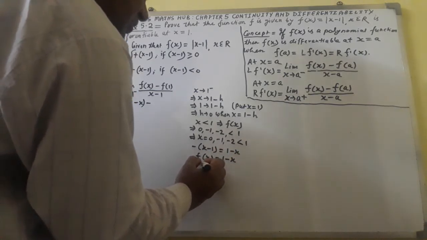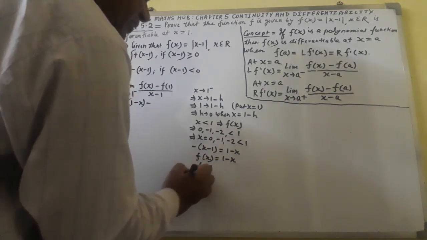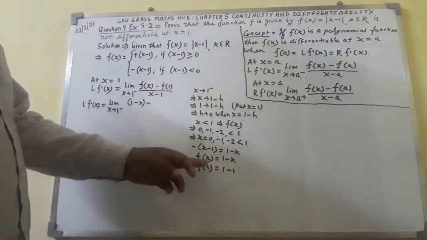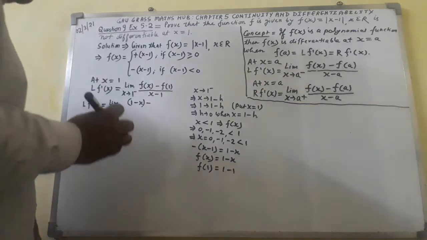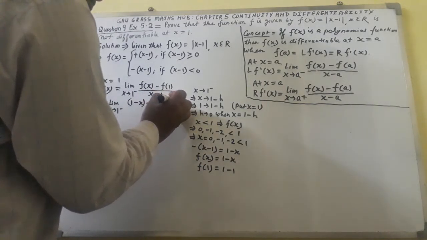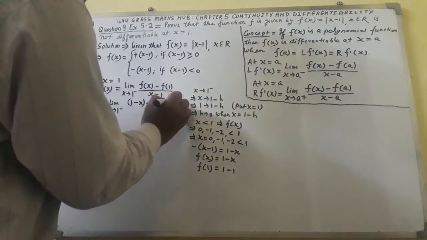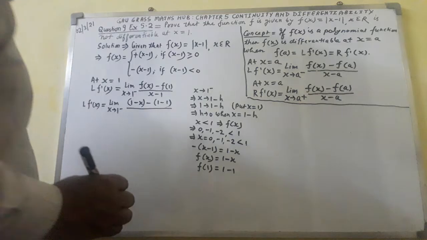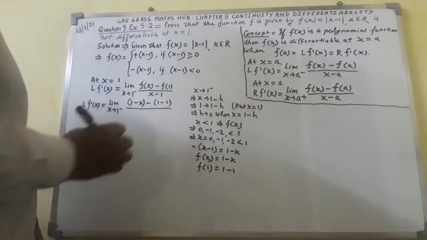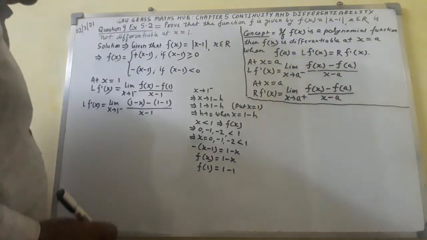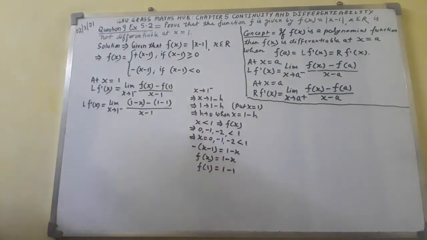To put here f of 1 comes out here 1 minus 1. In place of x, write here 1. It will become in bracket 1 minus 1 whole over, in place of x, it will become the same x minus 1.